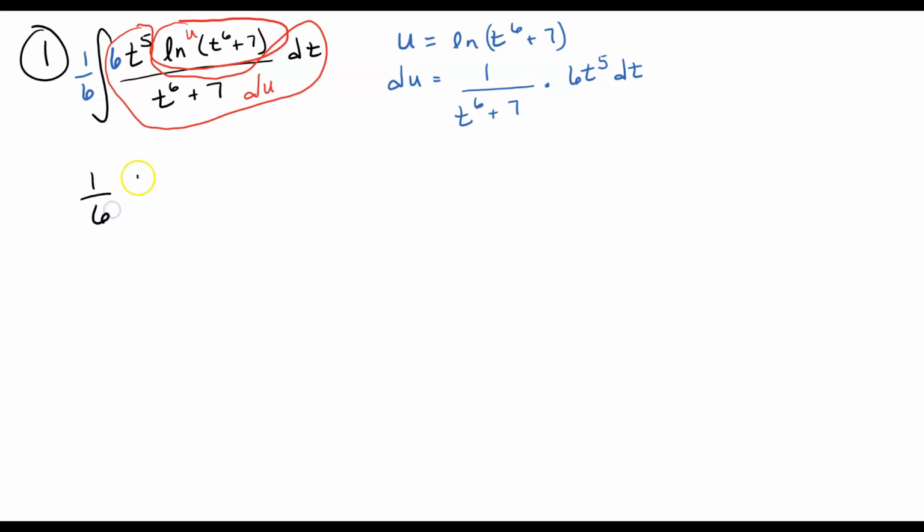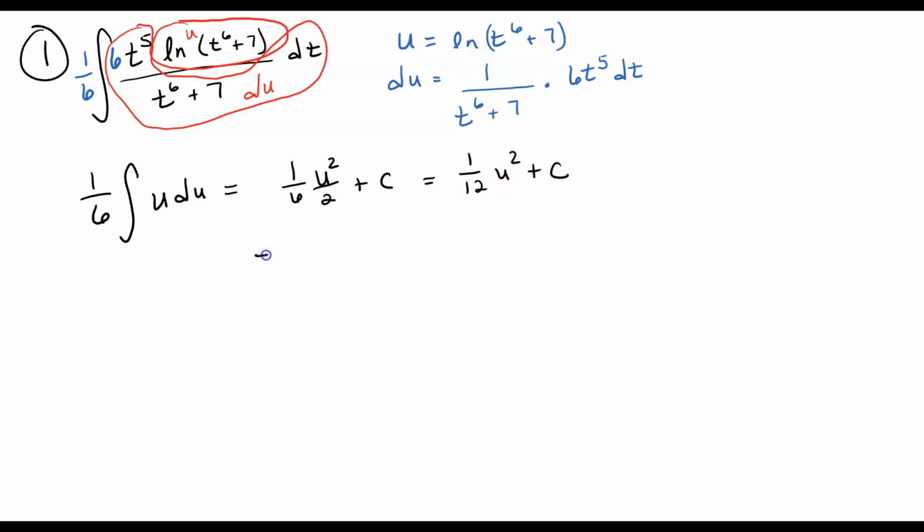So now, I think there's nothing to it as far as this integration is concerned, because I've taken something that looks very complex and turned it into a very simple power rule integral. So what do we get here when we integrate? Well, we get 1/6 of u squared over 2 plus c, which when you work that out is 1/12 of u squared plus c.